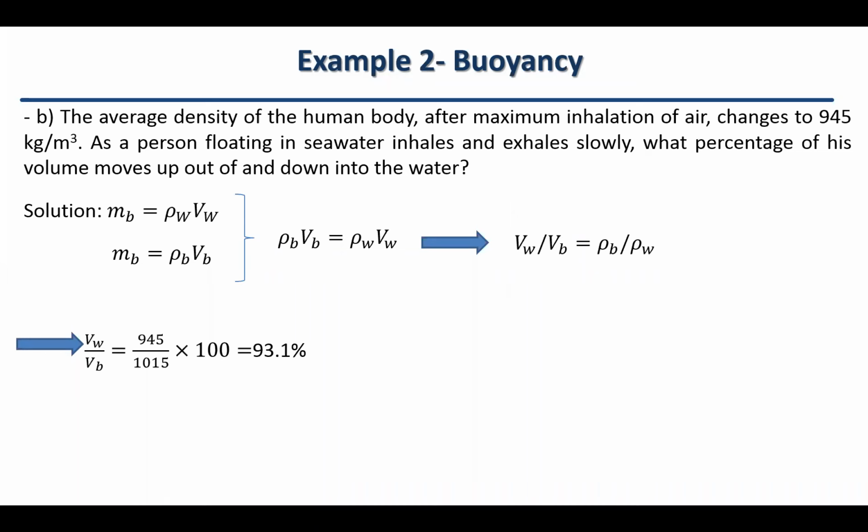If we compare with the previous section, the difference of these two figures, 95.6 minus 93.1, is equal to 2.5%, which is the percent that changes once that person inhales and exhales, or breathes in and out. So 2.5% of the body's volume will move as a result of inhaling and exhaling.